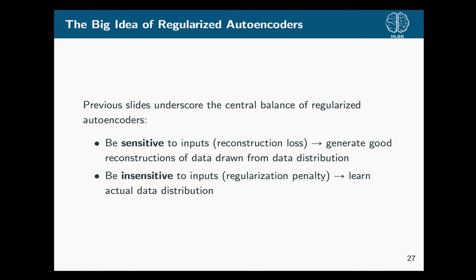But at the same time, you need to be insensitive to inputs because otherwise that will lead to overfitting, right? So this is why you have to constrain your autoencoder with regularization penalties. This way you'll learn the entire data distribution, not just the very fine points that you picked out of your data distribution. If you want it to generalize to a test set, then it has to learn the underlying manifold of the data. And that's why we do regularization.